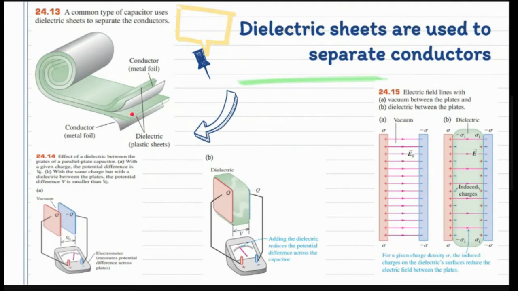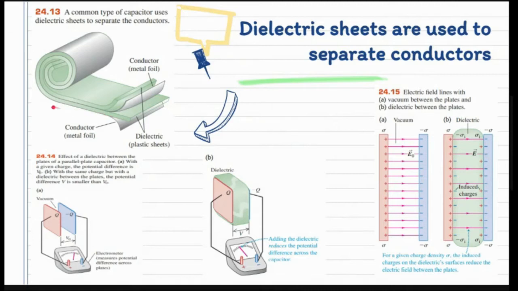Plastics are non-conducting materials, so they have a poor ability to conduct electricity or to allow the flow of electric charges. We are using insulating material so that the electric charges will not jump from one conducting plate, from a higher potential to a lower potential, because insulating materials have a poor ability to allow the flow of electric charges.